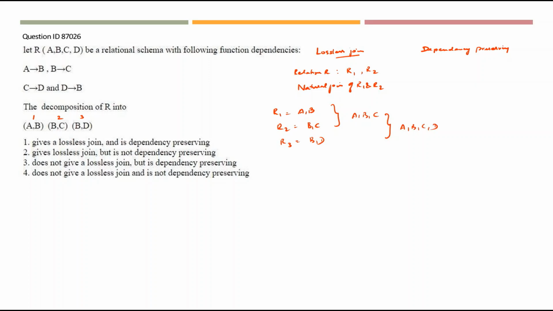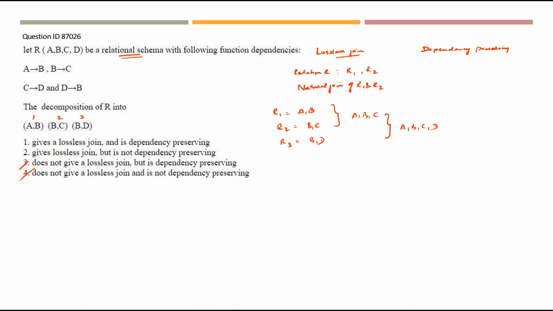It means this is a lossless join, because even if we decompose the relation R into 3 other relations, when we perform a natural join of all these 3 relations, we ultimately get the original relational schema. So this has a lossless join, and whichever option says it does not give a lossless join will be removed now. Now we have to check whether this decomposition is dependency preserving or not.